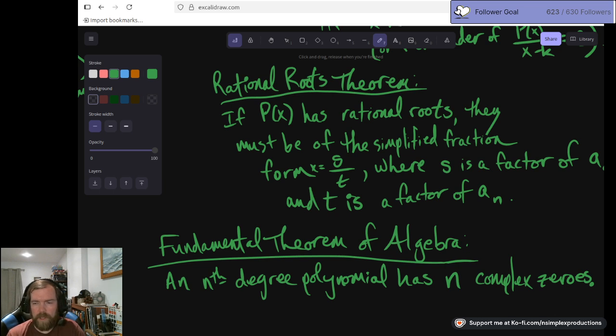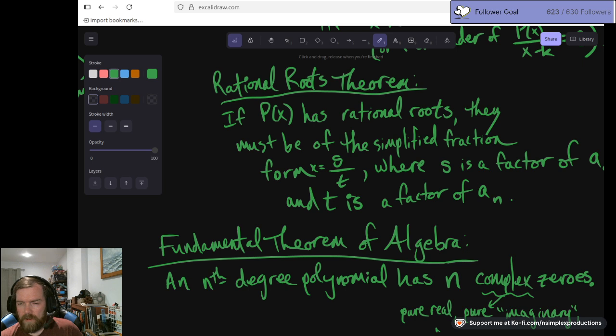Now, keeping in mind that by just saying complex, this does include real, pure real, pure imaginary, or mixed.